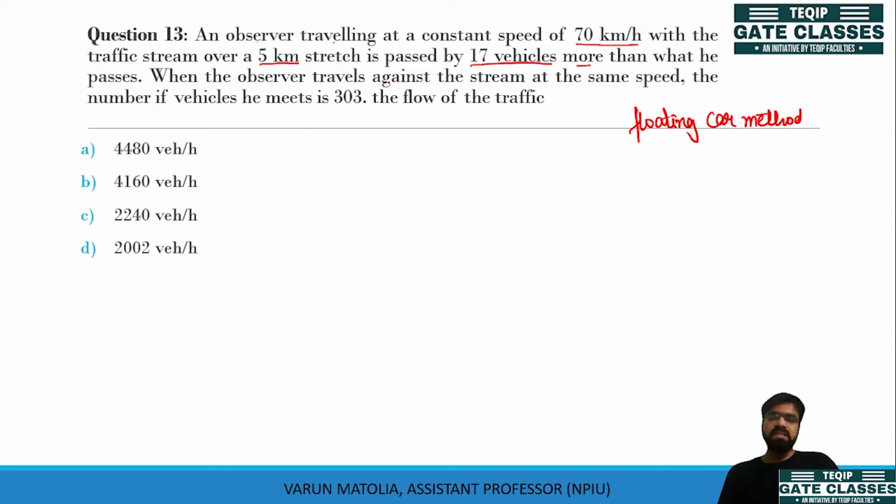When the observer travels against the stream at the same speed, the number of vehicles he meets is 303. Okay, they want us to calculate the flow of the traffic. Fine, we have the flow value from the floating car method as x plus y divided by ta plus tw. What is x?